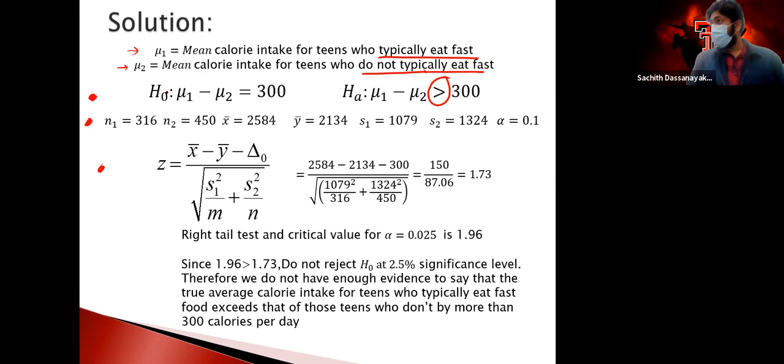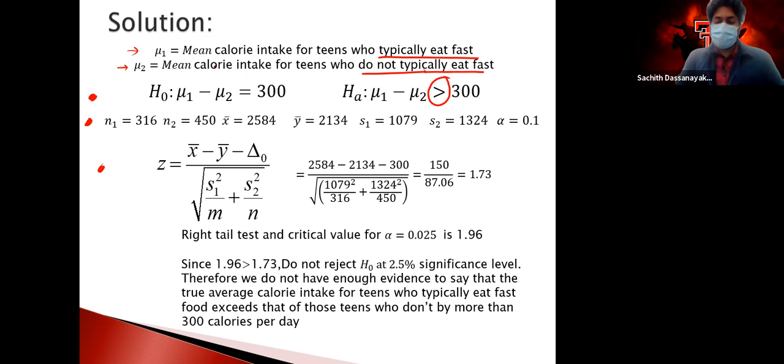For this H naught, in general, we use true means. True means population mean, and that's why we denote mu.